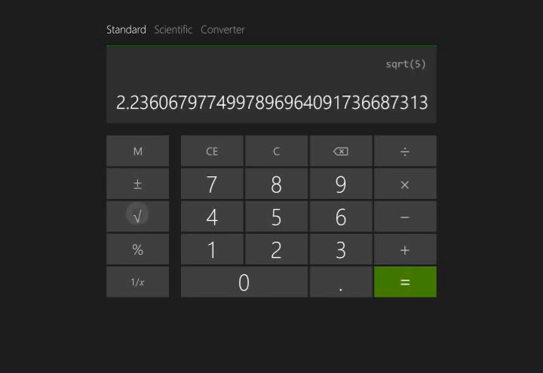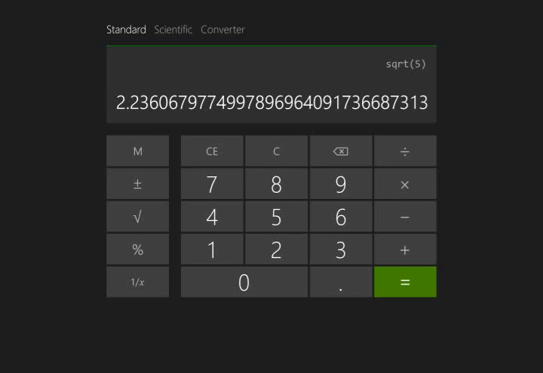There's the square root of 5. As you can tell, there's a whole lot of digits there, and they don't repeat. The digits may repeat, but not in the same order.